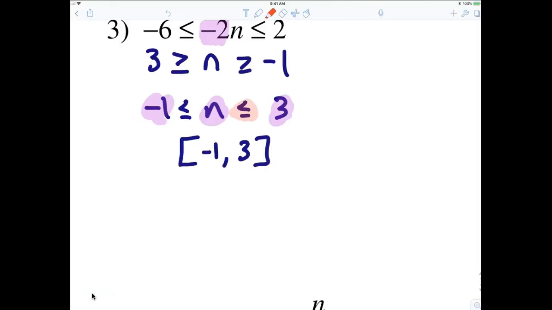Then you read it the other direction, n is greater than -1. But it's hard to think that way. That's why I try to tell kids, make sure I don't say -1 is less than or equal to n, because that doesn't make sense, first of all. It makes sense if you just say n is between -1 and 3.